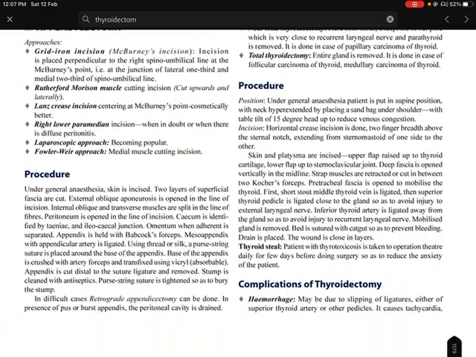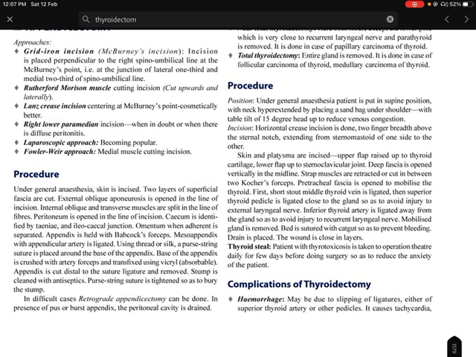Thyroidectomy procedure: general anesthesia, supine position, sandbag under the shoulder with table tilted 15 degrees head up to reduce the venous congestion. Then a horizontal crease incision is done, 2 fingers above the sternal notch and extending from the sternum.